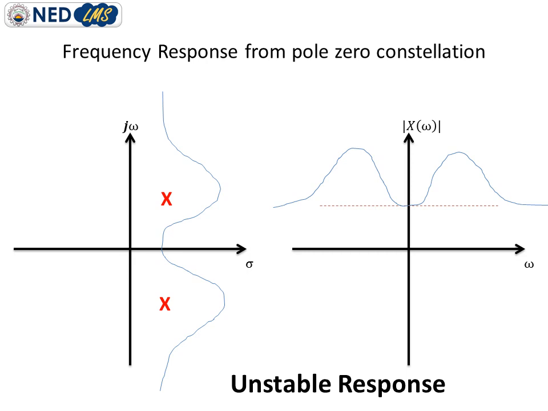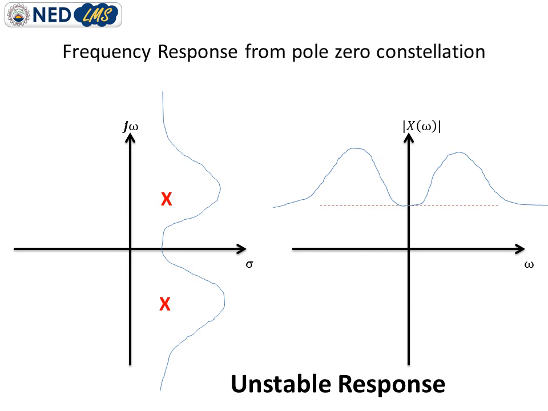By looking at this response, no one can predict whether this system is stable. So this is basically the drawback of Fourier transform. That's why we don't use Fourier transform to analyze any system. We only use Fourier transform to analyze signals.